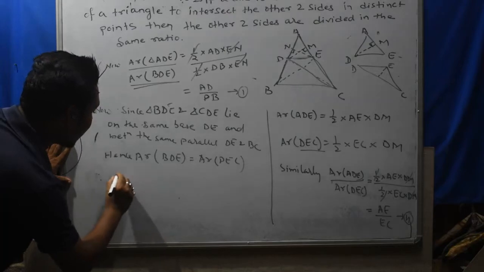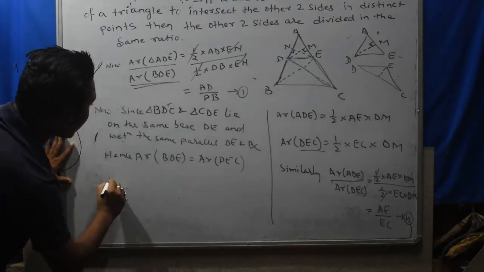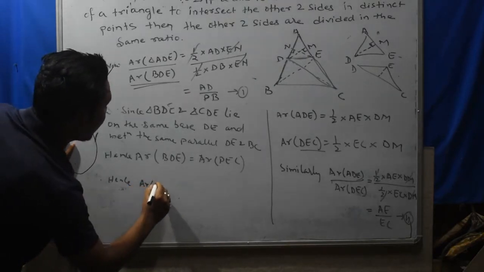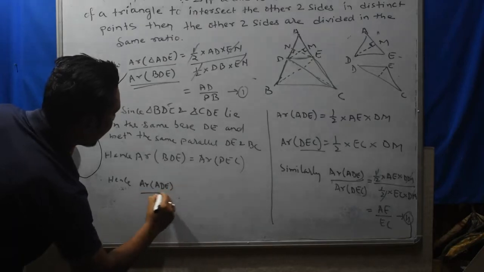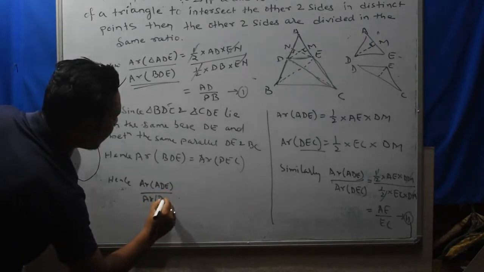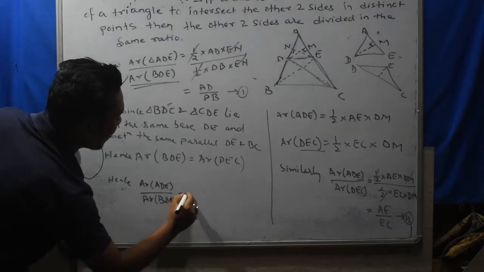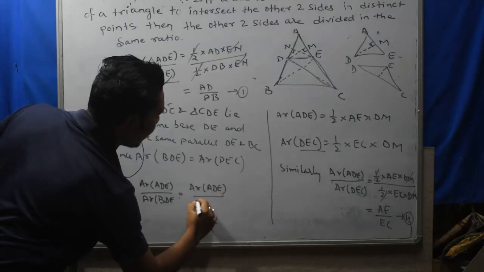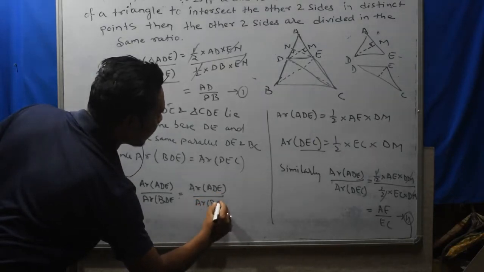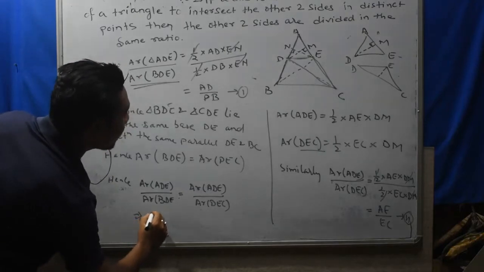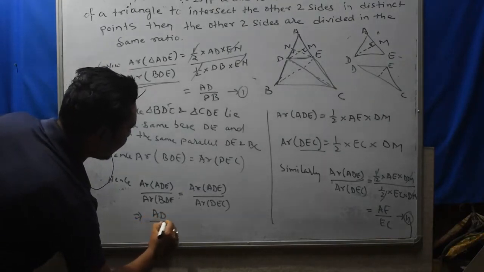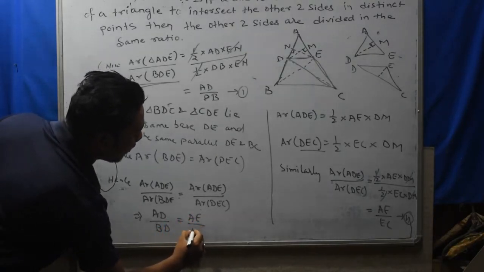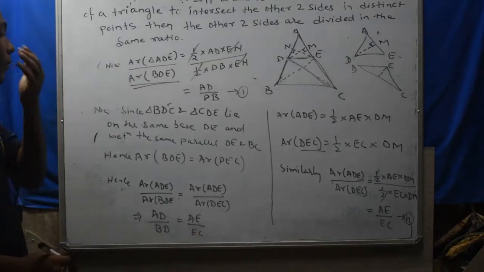Therefore, area ADE by area BDE is equal to area ADE by area DEC, that is equal to AD by BD is equal to AE by EC. I hope you all have understood this.